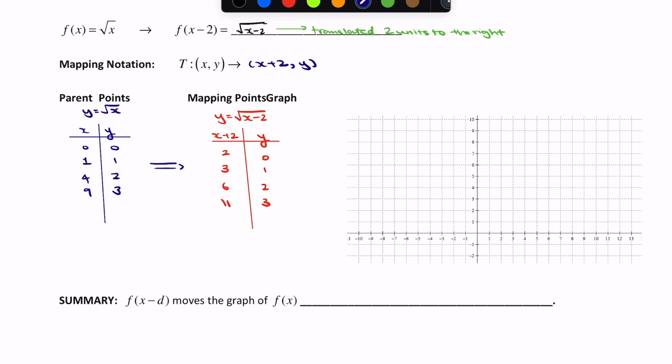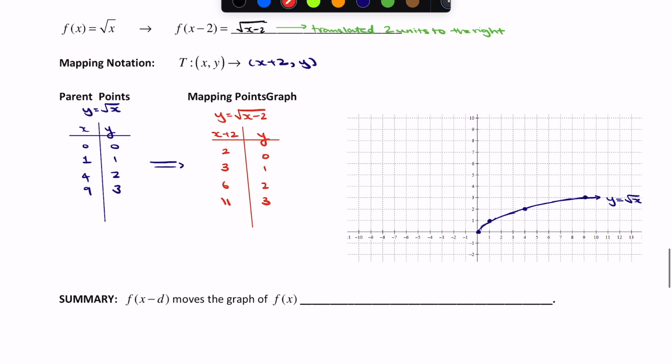And so let's graph here. We get (0, 0), (1, 1), (4, 2), and (9, 3) for our parent function. So that's been the same each time that we've graphed it. And then for our transformed function, we are going to shift 2 units to the right.